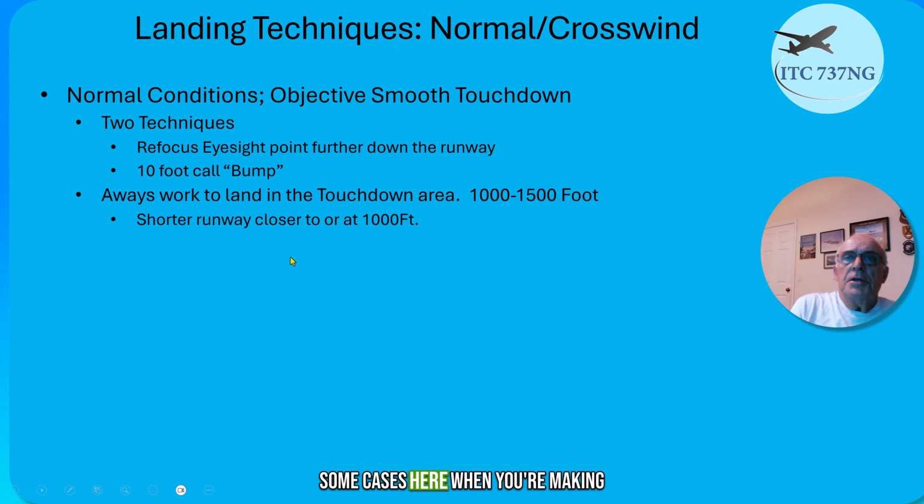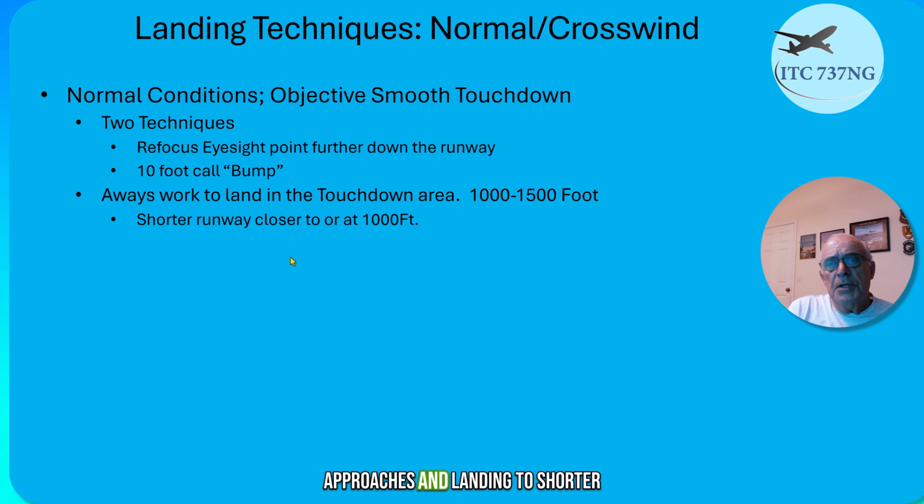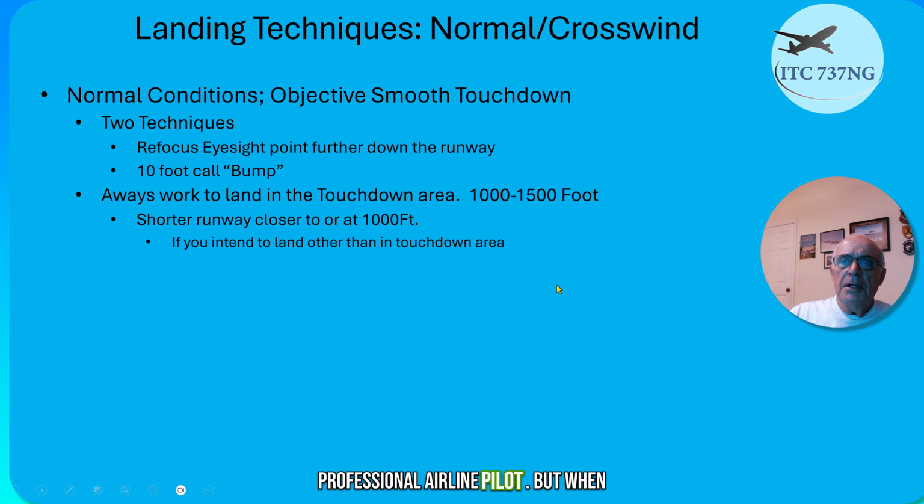Now, in some cases, when you're making approaches and landings to shorter runways, and sometimes under some runway conditions, you want to use more footage on the runway rather than have it behind you. So in those cases, really work toward 1,000 feet. That should be comfortable, and that's an easy objective for a professional airline pilot.